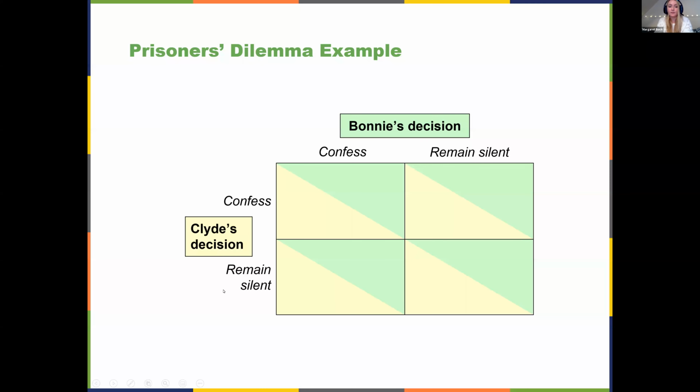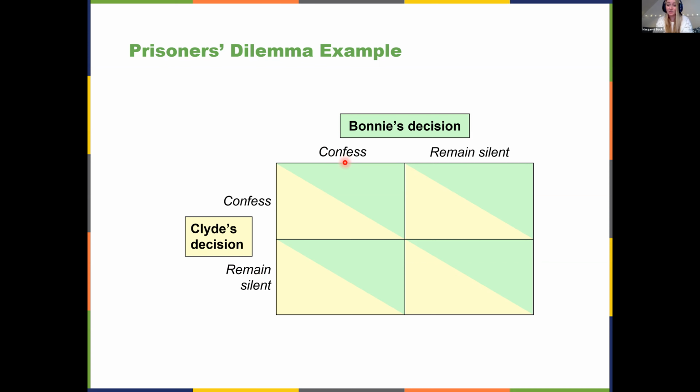So on this part of the matrix, we have the two different decisions that Clyde could pursue. Both Bonnie and Clyde have two different decisions that they could pursue. Clyde could either confess to the crime and blame Bonnie, or he could just remain silent and not rat her out.